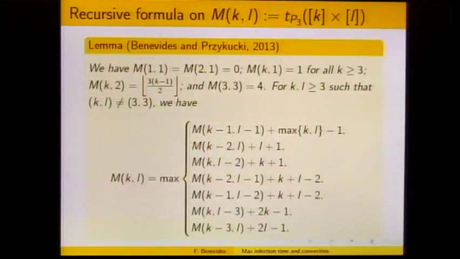But then once we do this, we wanted to solve this recursion. At the time, I tried to ask lots of people if any of you know of a general method to solve recursions that have this kind of maximum in it.